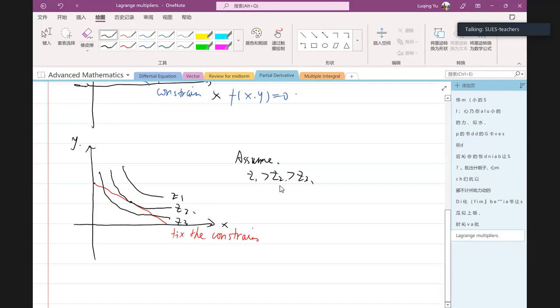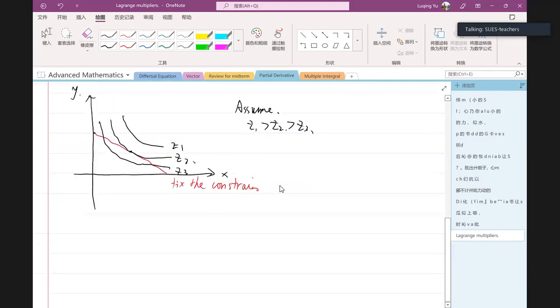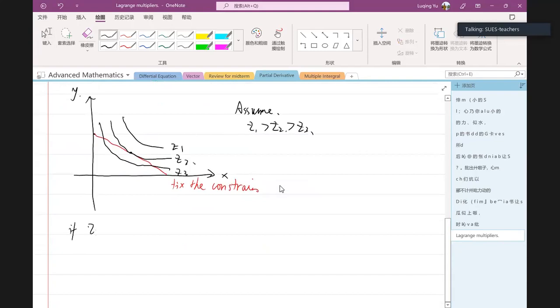If C3 is the local maximum value, and you choose the x,y at this point, you think Z3 is the local maximum value.